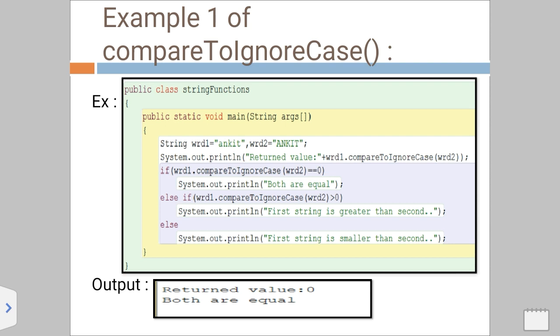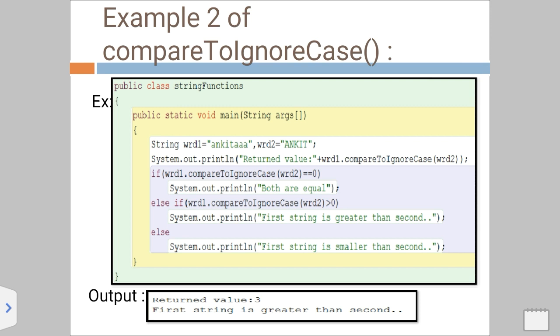See my next example. I had taken Ankita and Ankit. Ankita has an A at the start and 3 at the last, but Ankit is having only 1 A. Means Ankit, everything is okay, but the extra A creates a difference.